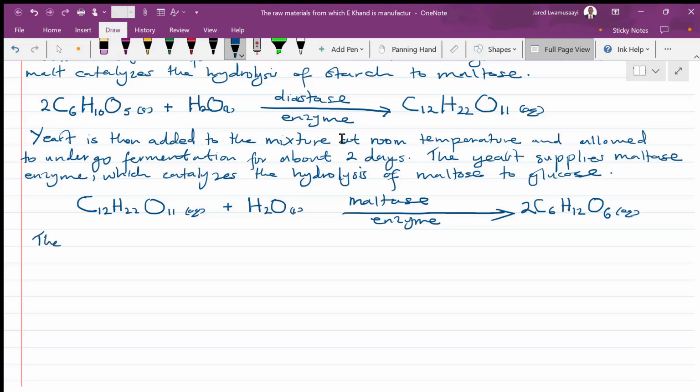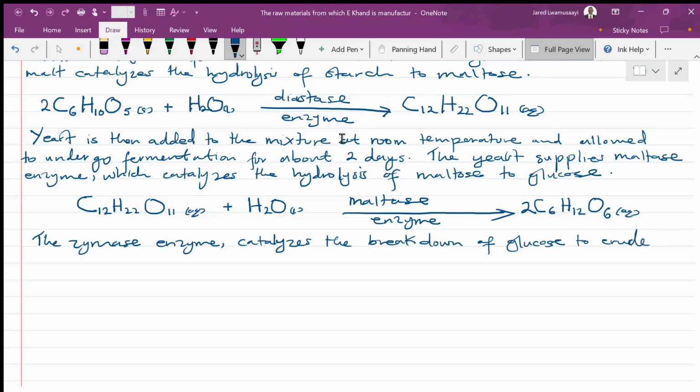So the zymase enzyme catalyzes the breakdown of glucose to crude ethanol and carbon dioxide gas.